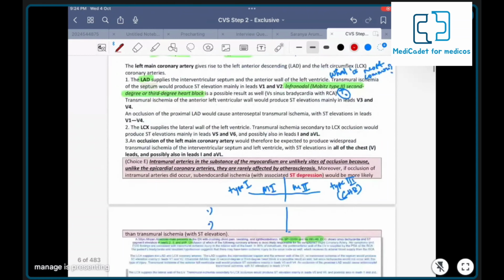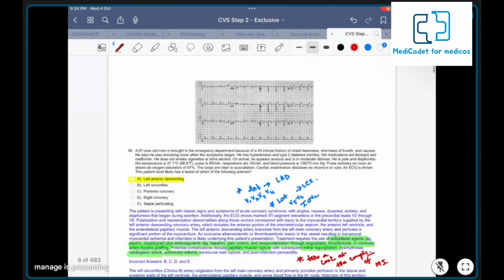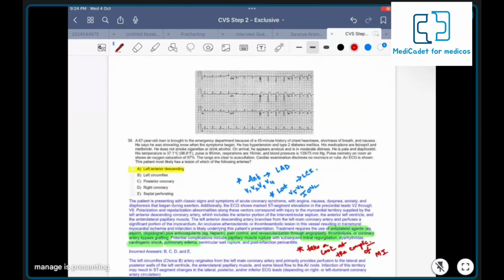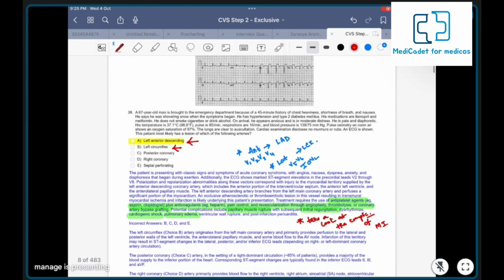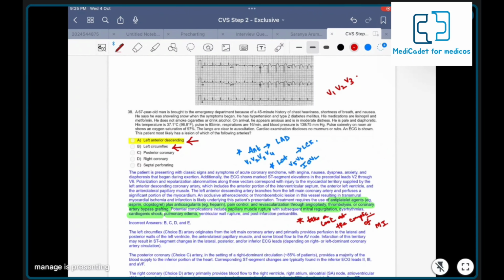But sometimes you get confused when you want to answer. For example, in this question, they've given both the left anterior descending artery and the left circumflex artery as options. The question was about an MI patient who came in with ST segment elevation in V1, V2, V3 to V6, everything. So you could actually give both answers.